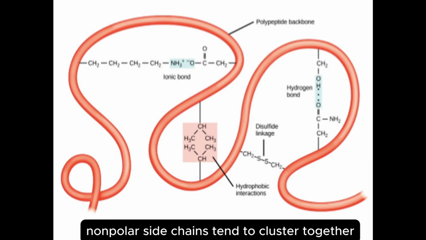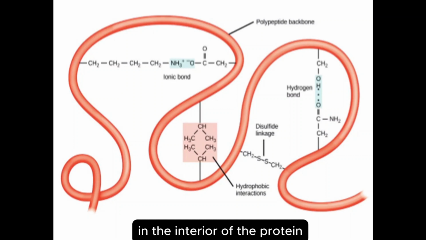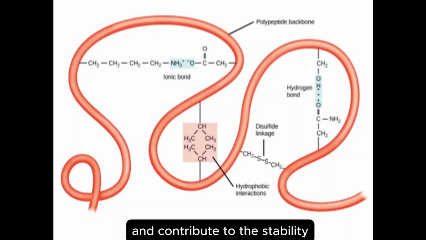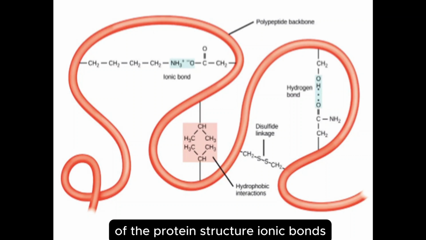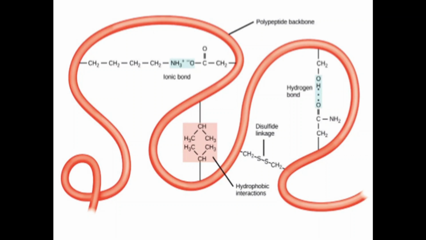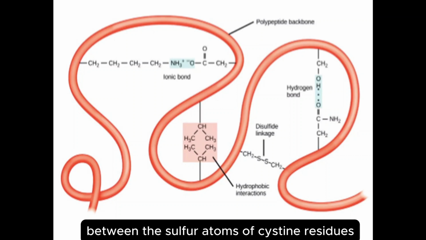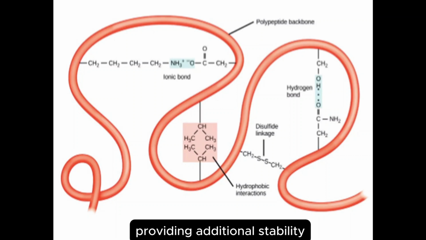Nonpolar side chains tend to cluster together in the interior of the protein, away from water. Hydrogen bonds form between polar side chains and contribute to the stability of the protein structure. Ionic bonds occur between positively and negatively charged side chains. Disulfide bonds, covalent bonds between the sulfur atoms of cysteine residues, provide additional stability.